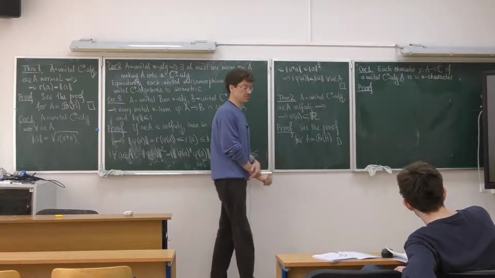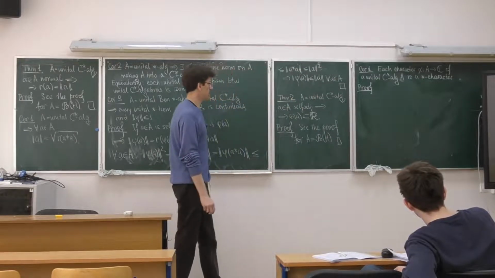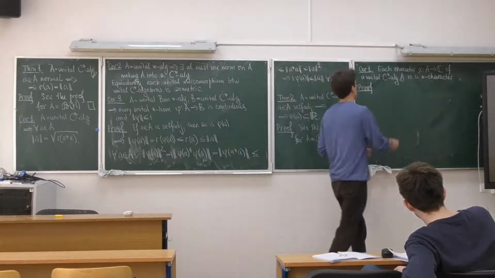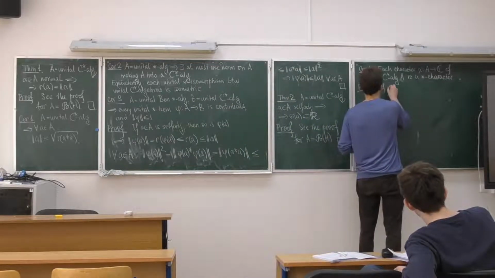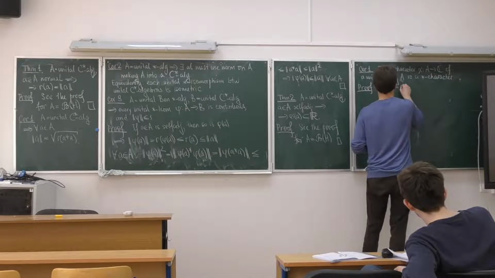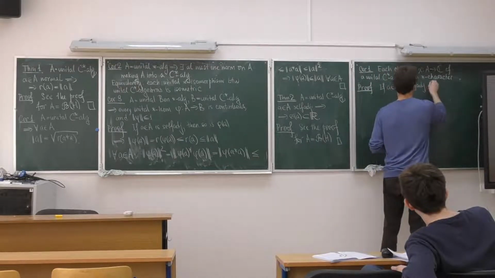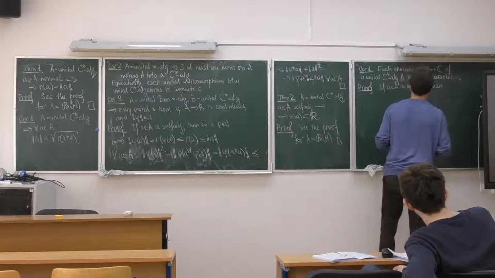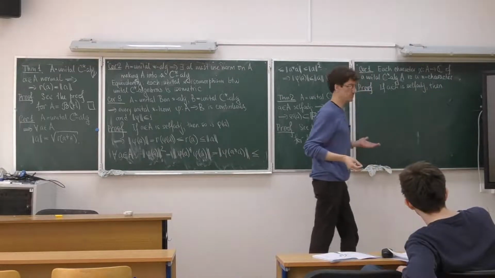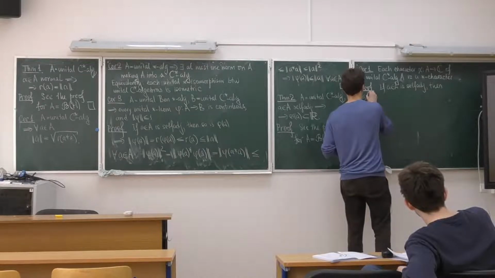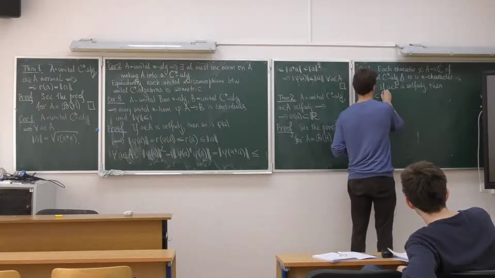To prove this result, first of all we look at self-adjoint elements. If little a is a self-adjoint element, then we know that the spectrum of A is real.